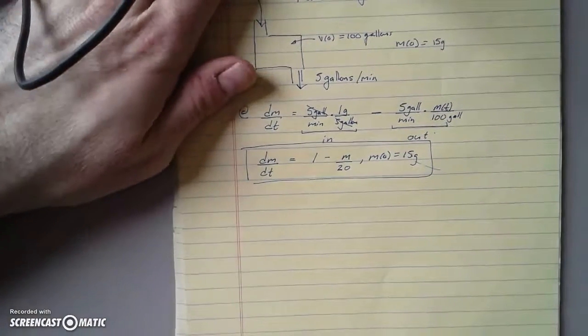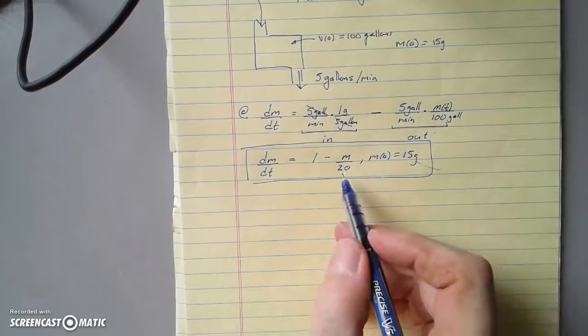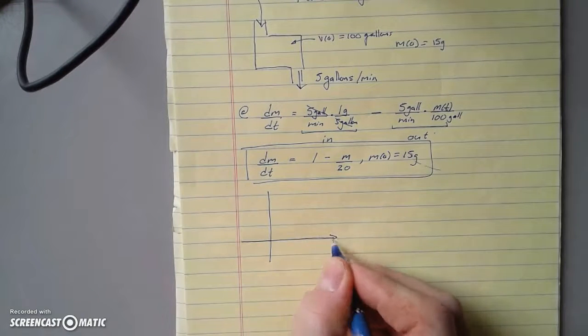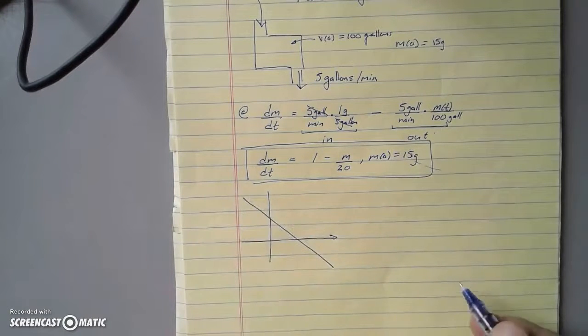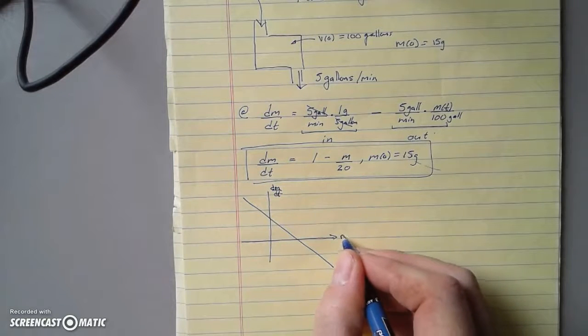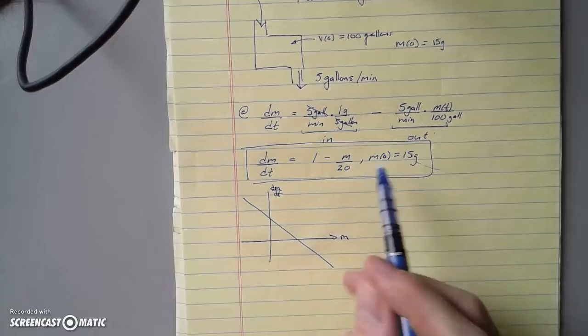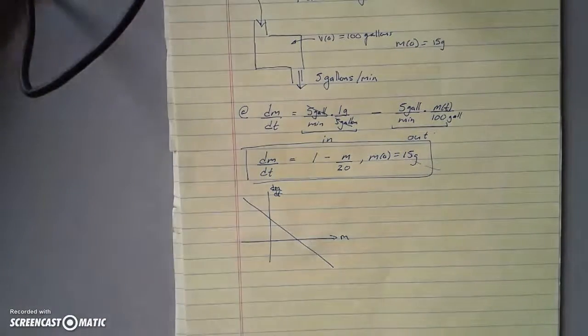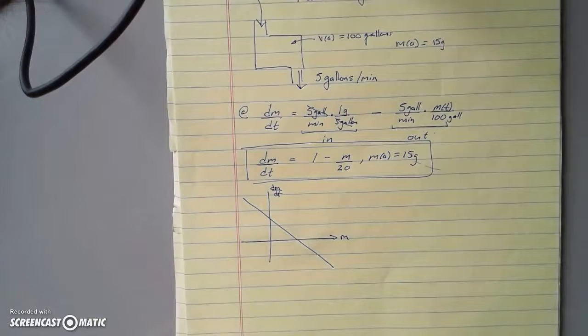Now, what's nice about this is there's no explicit dependence on time, so we can actually solve this by graphing it. Let's graph dm/dt versus m. If you're having a lot of trouble with this, it's basically because you spent too much time graphing y versus x.